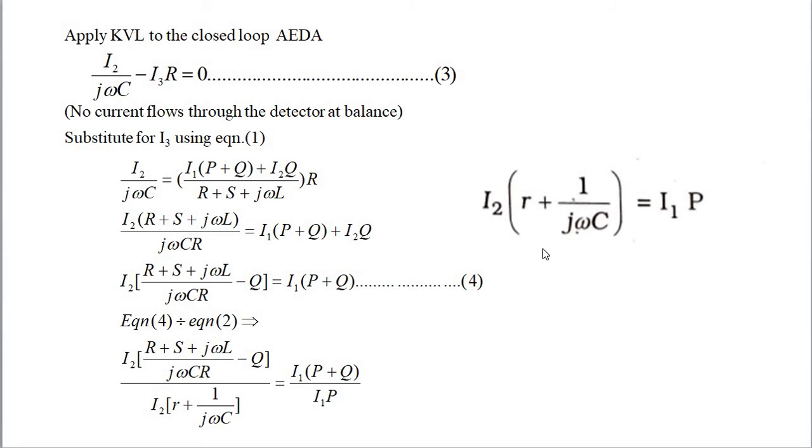So when we divide 4 by 2, you will get I2 into R plus S plus j omega L divided by j omega C R minus Q, this term, divided by this term I2 into R plus 1 by j omega C, that is equal to I1 into P plus Q divided by I1 P. So this I1, I2 into R get cancelled.